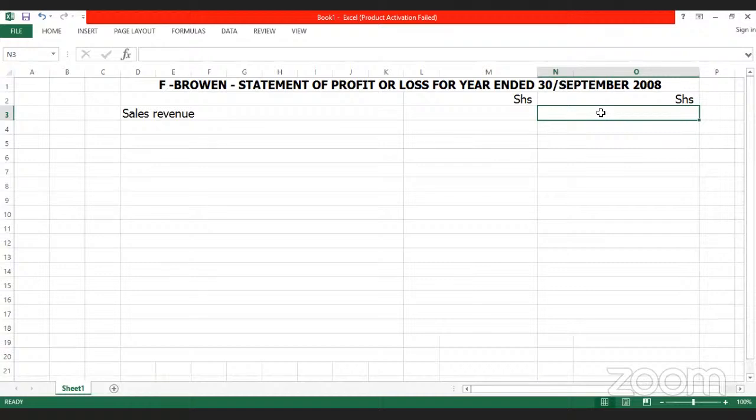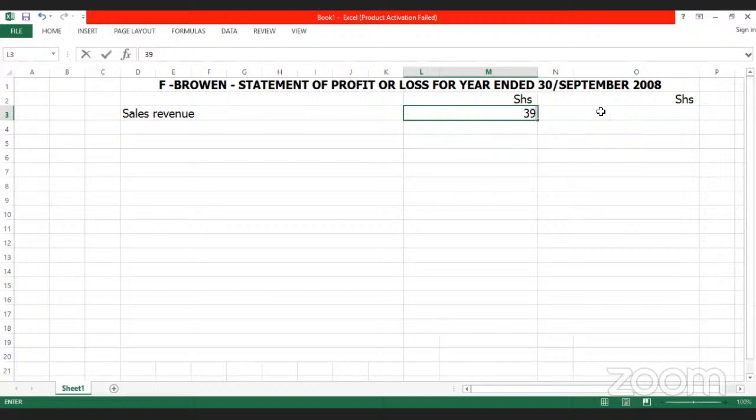Is it 391,400? Okay, that is our sales figure. So you put those sales. I'm using 2 columns, but still you can use 3 columns. So that is the sales.